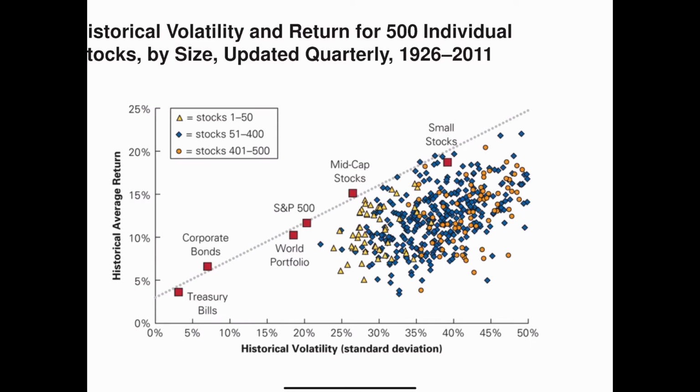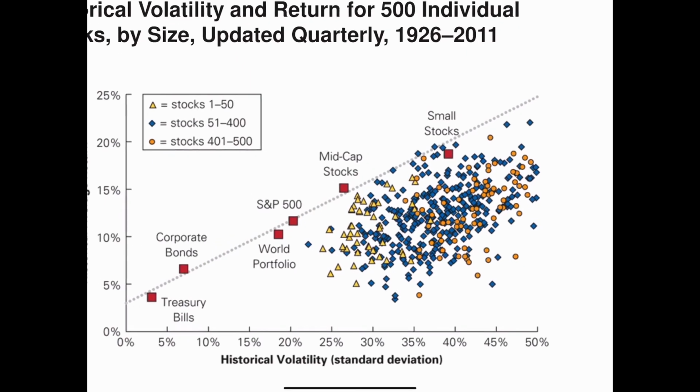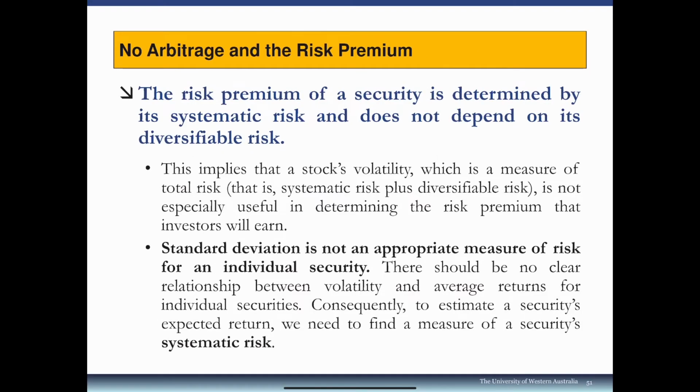And down at the individual company level, we're trying to find the same relationship between risk and return. In this case, if we use standard deviation to measure the risk, it doesn't work. Which means that it's systematic risk that will establish a positive relationship between risk and return, right? So all we have introduced is trying to explain what we observe.